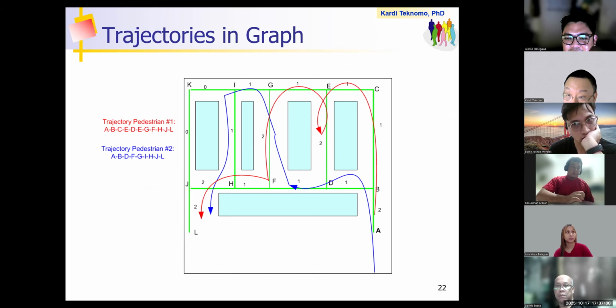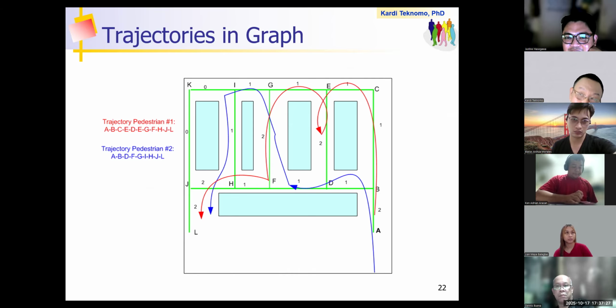Yes, Justin. Sir, question. For example, if a person goes around at a node like a self-loop, do we have to double the trajectory, the path? Self-loop means you are turning around at the same point. For example, for the red trajectory, let's say A, B, but at node B, he decided to rotate. Do we have to write it as ABB or just AB?